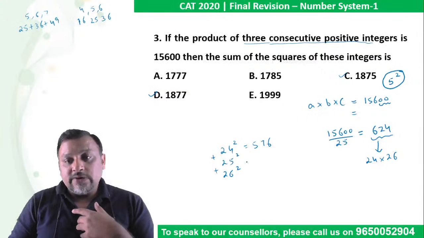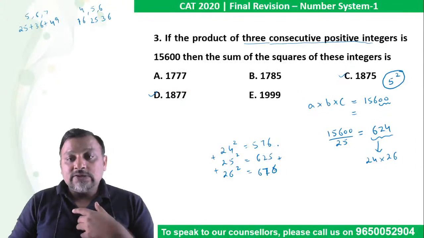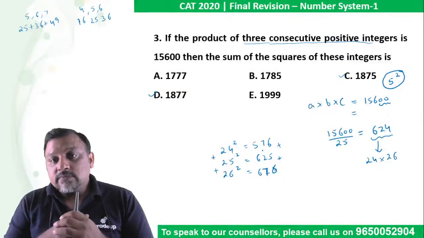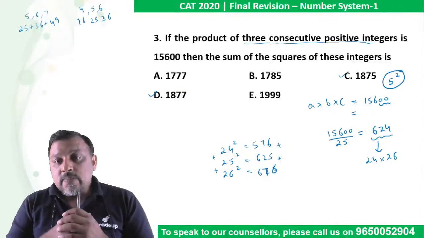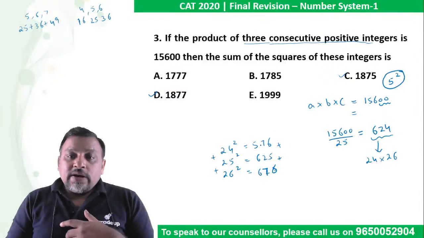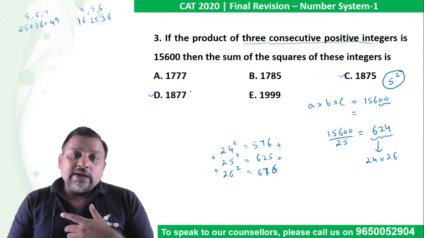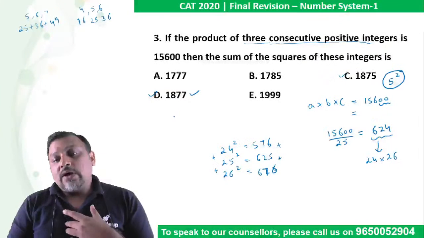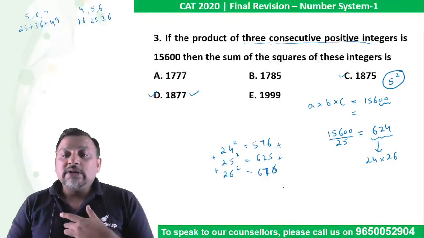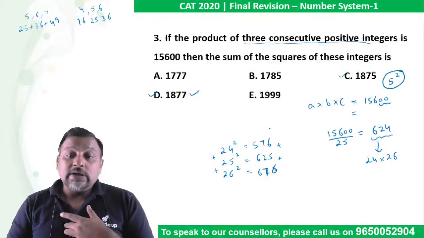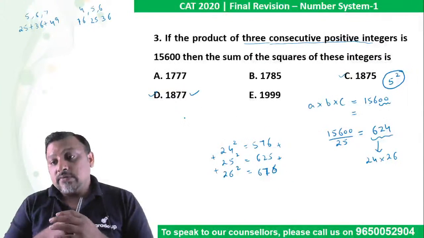That is 576, 625 and 676. You just need to add these three numbers. And definitely you can avoid this addition. You can straight away say that it has to be 1877, since the unit digit is 7 and this sum has to be more than 1800.